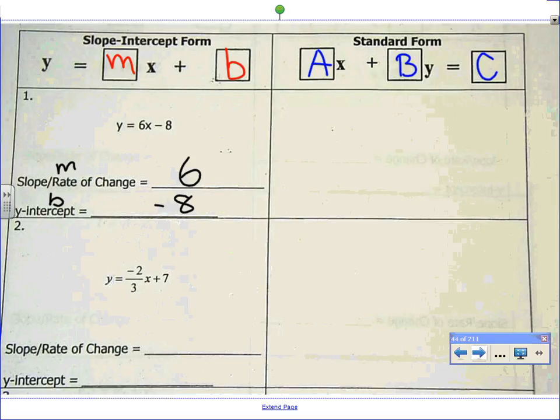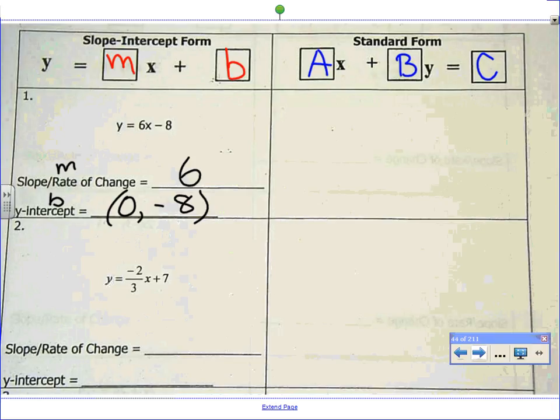Is that your hand? Okay. Gigi? Good. I am not going to make it a requirement now, but if you remember that, it's good practice. Go ahead and write down your y-intercept as an ordered pair. Remember, you always put a 0 in for x to find what y is. If not, just write the number. Long-term goal for this chapter is to write the y-intercept always as an ordered pair.